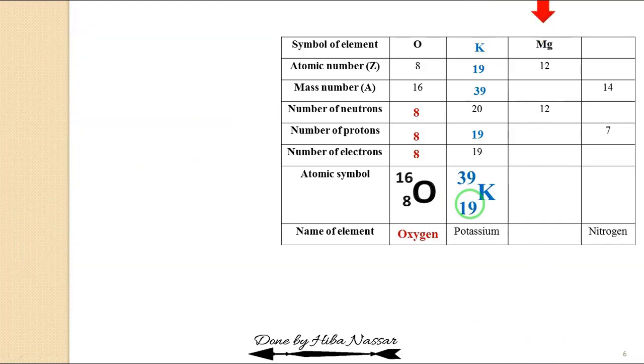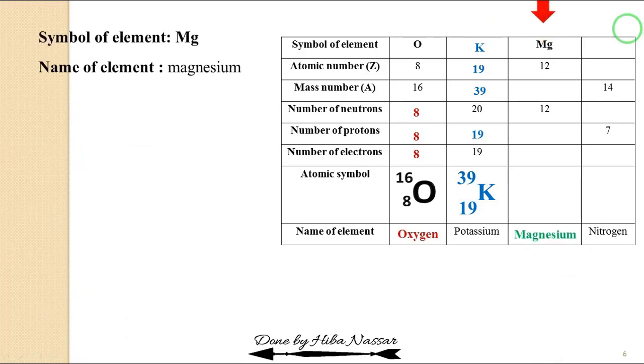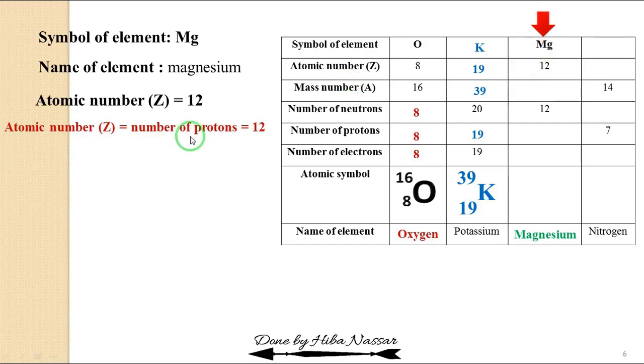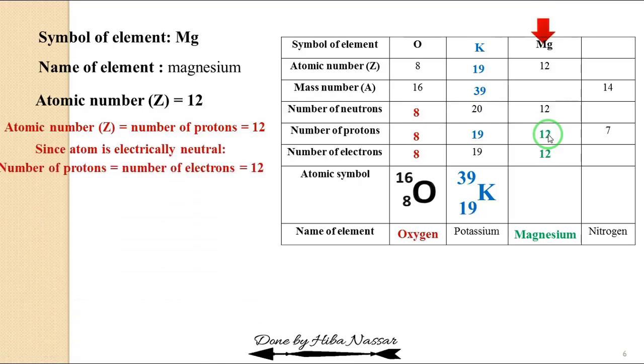Now moving to magnesium, which is Mg, so it's called magnesium. The atomic number is equal to 12. So we can deduce that the atomic number is equal to the number of protons. Also, it's equal to 12. So we will write here 12. Also, it's equal to the electrons, since the atom is electrically neutral.